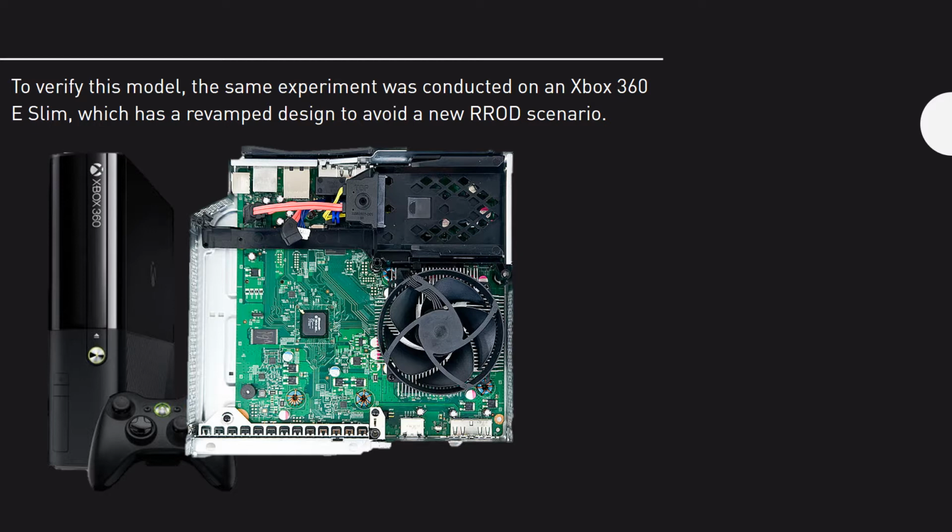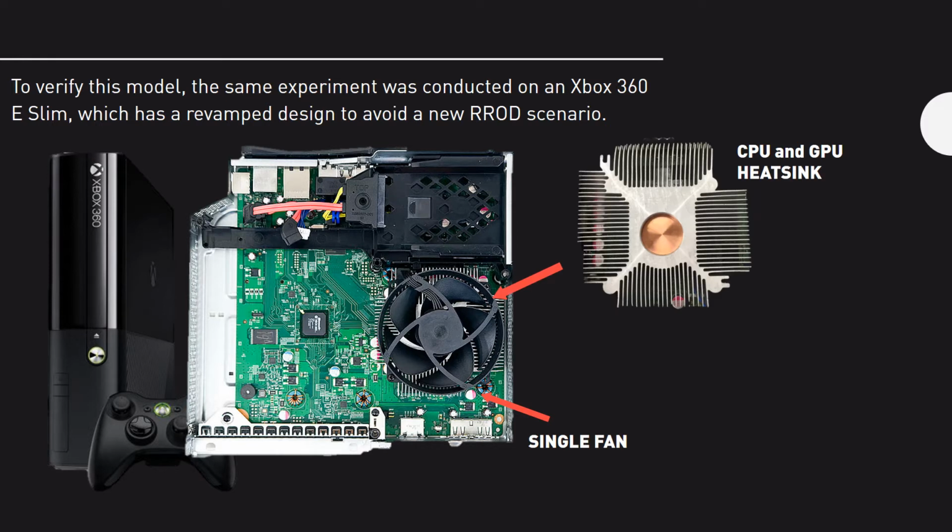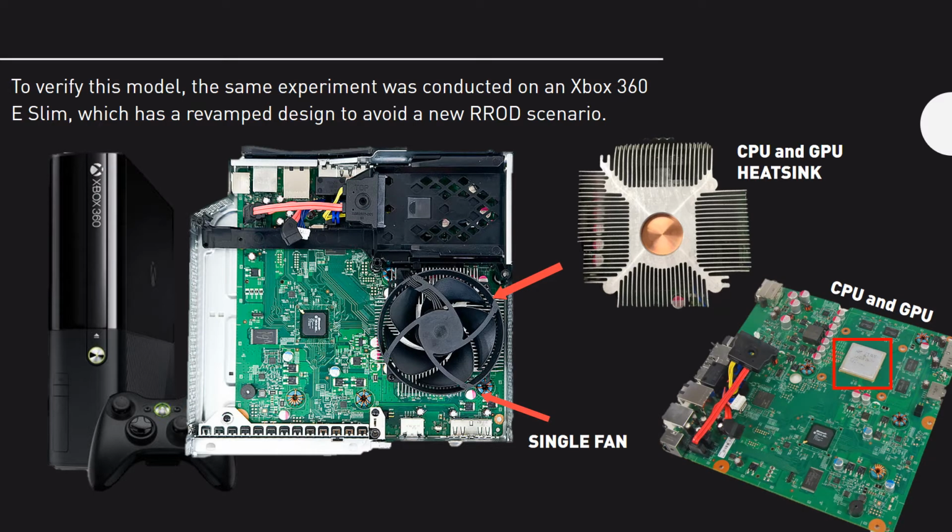Of course, Xbox didn't want to go through the same situation with the red ring of death, so they definitely revamped the design. So you can see here we just have one fan, we have one heatsink with a copper core, and the CPU and GPU are combined into one, which actually makes calculations a lot more simple.